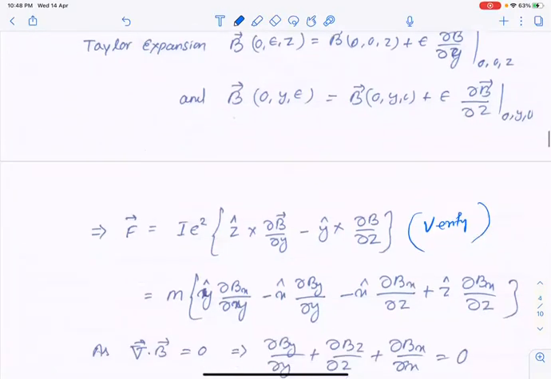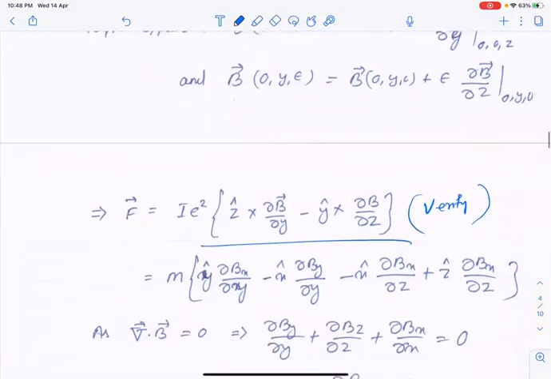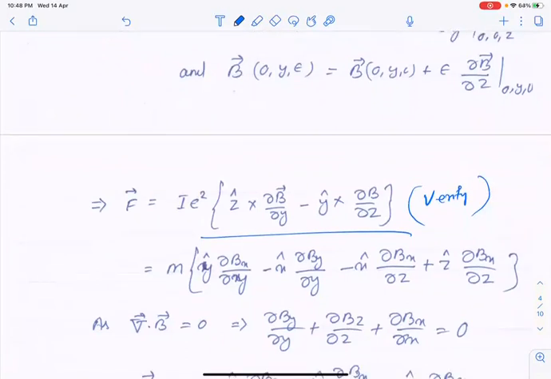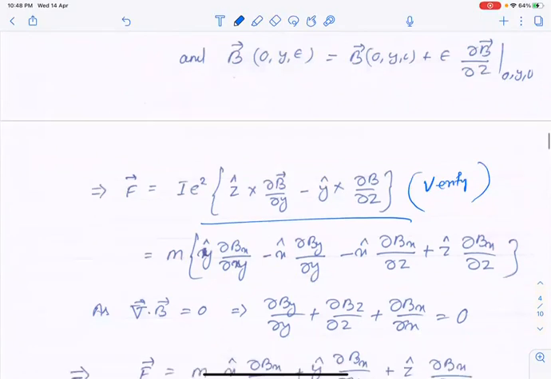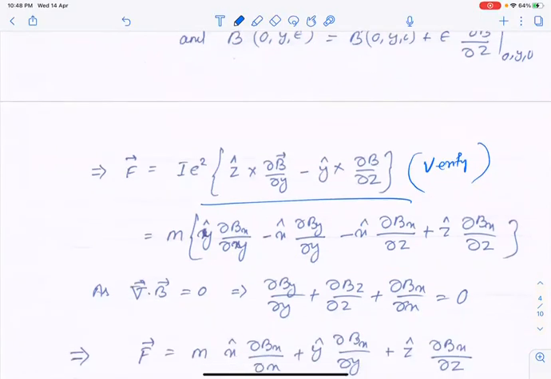You will get this from this substitution, and then you do the cross product, z cap cross del B by del Y. You expand and express in component form, and you'll get all these results after all the rearrangements. Then you use the fact that del dot B equals 0, and that effectively means del By by del y plus del Bz by del z plus del Bx by del x equals 0.